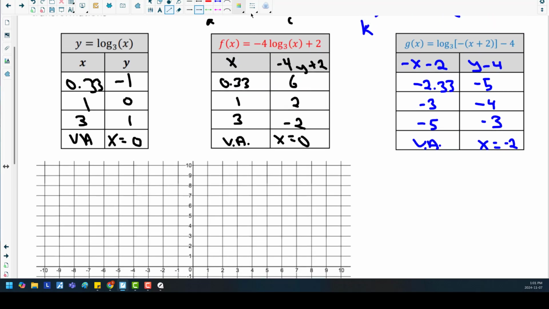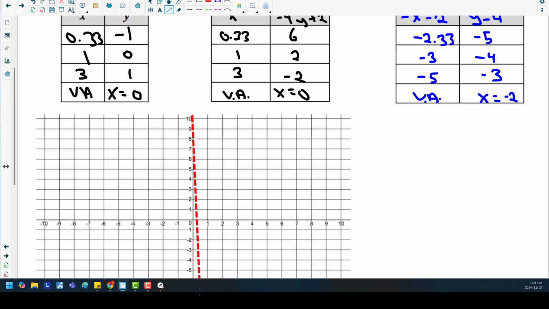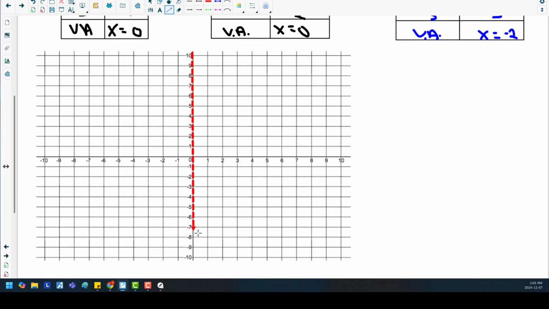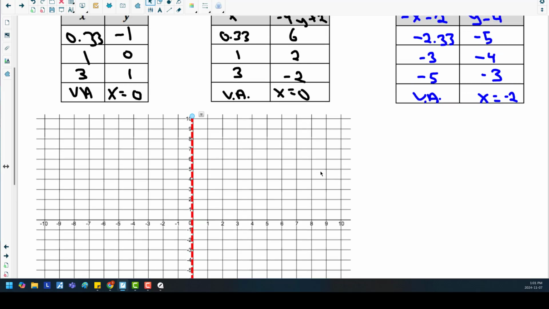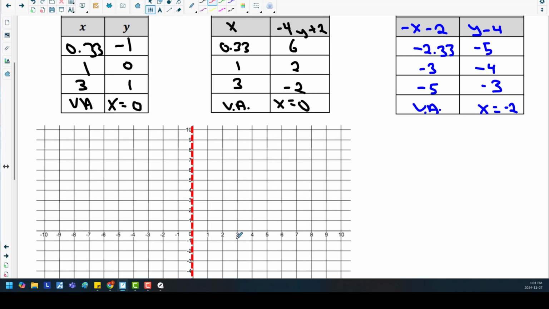So we're going to do f of x in red, and the vertical asymptote is at x equals 0. So that's just this right here. All right, and we have 0.33 and 6. So x value is 0.33, so that's here. And y value is 6, so that's around here. Then we have x value of 1 and y value of 2. And then we have x value of 3 and y value of -2 here.